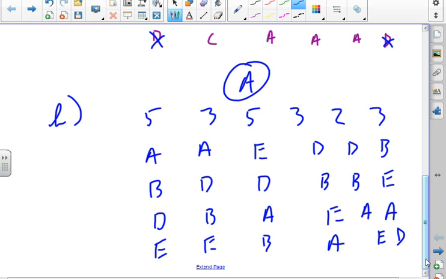Okay, now that I've done that, B still has the least first place votes. He goes away.